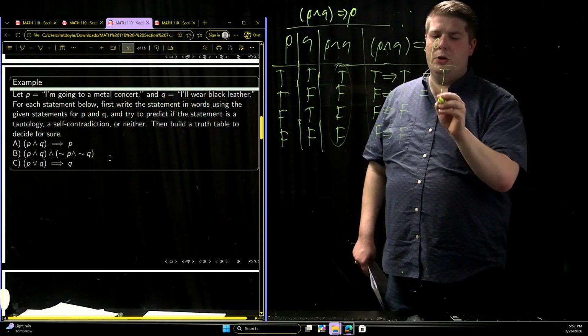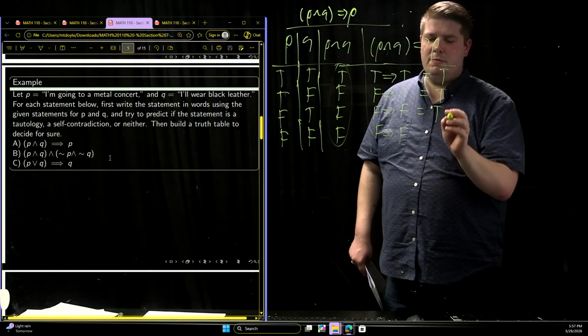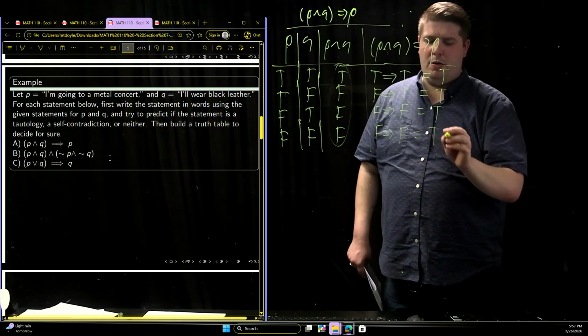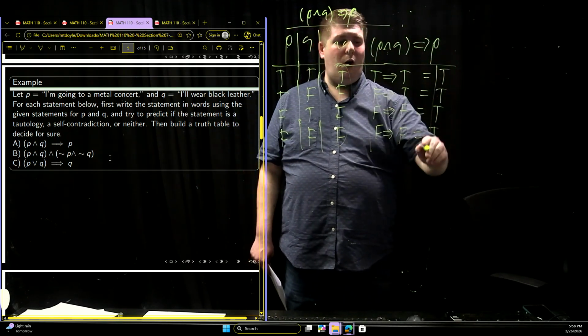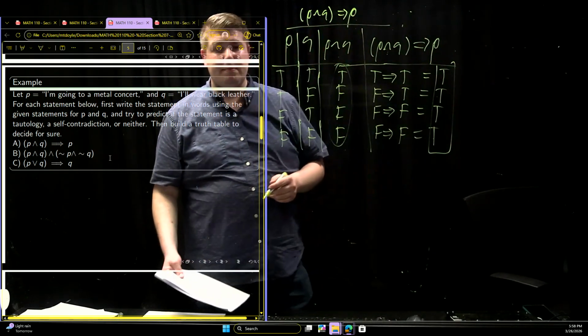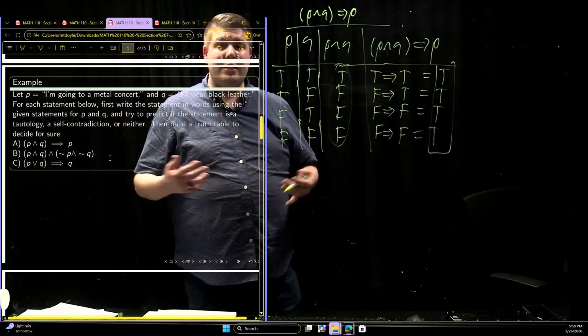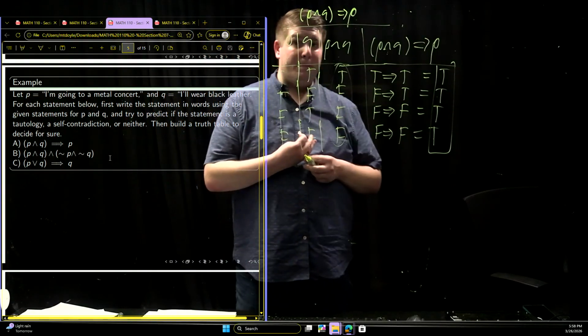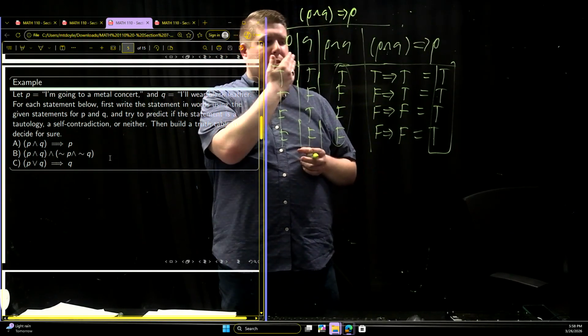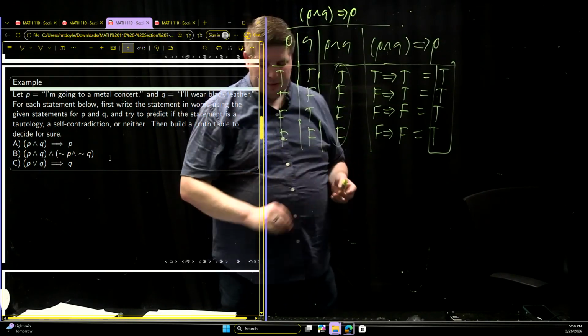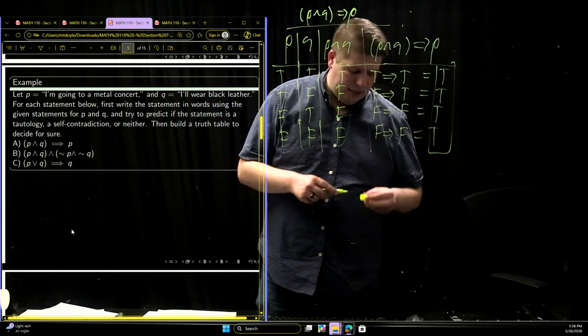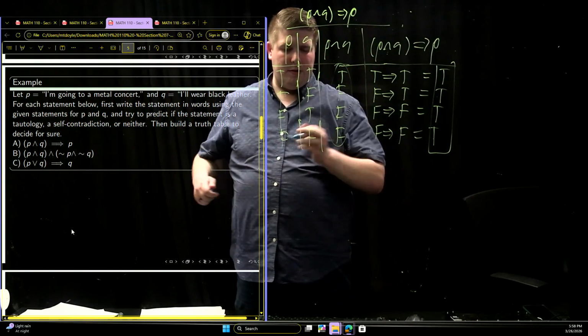False implies true is true. False implies false is false. And false implies false is false. And look at that, we have T's all the way down. And therefore, this is an example of a tautology. All right, I think my yellow is giving up. Let's try blue.